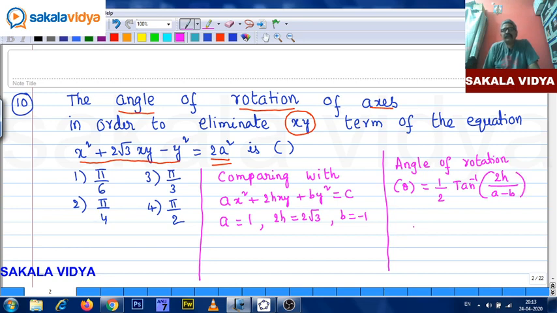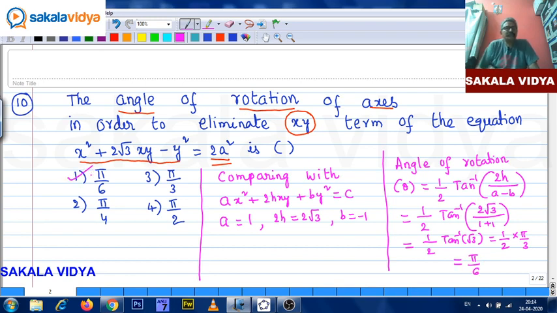So respective values need to be replaced: half of tan inverse of 2 root 3 by 1 minus b, already b is minus 1, minus into minus is plus. So that is half of tan inverse of 2 root 3 by 2, which is root 3. Tan inverse root 3 is 60 degrees, half of 60 means pi by 3 by 2, so this equals pi by 6, 30 degrees. So the angle of rotation is 30 degrees.